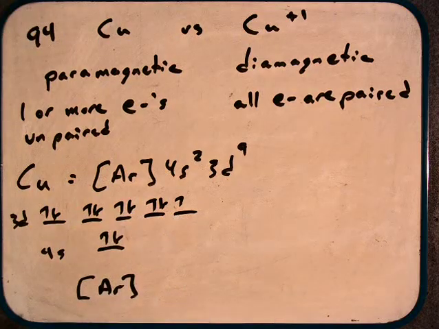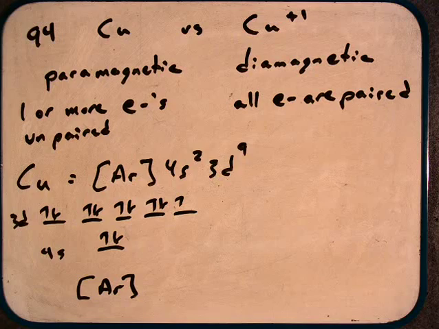Now, copper is an exception to the rule as far as filling in orbitals of lower energy before orbitals of higher energy. We have to remember with copper this is an exception because the highest level of the 3d is pretty much almost at the same energy as that 4s. They're very, very close.